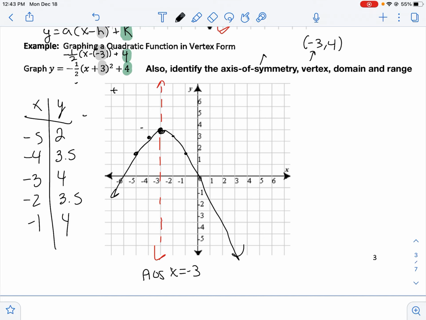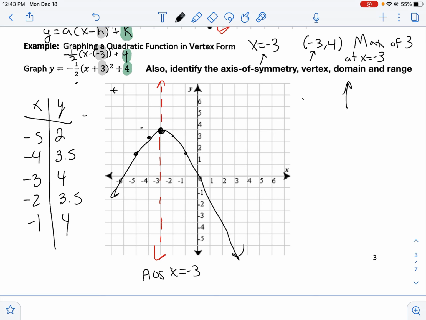So yep, you have the axis of symmetry at x equals negative 3, the vertex at (negative 3, 4), and it has a max at x equals negative 3.